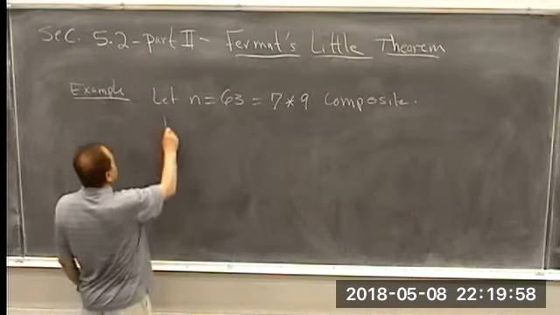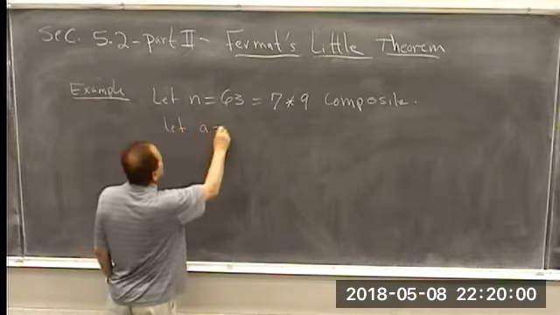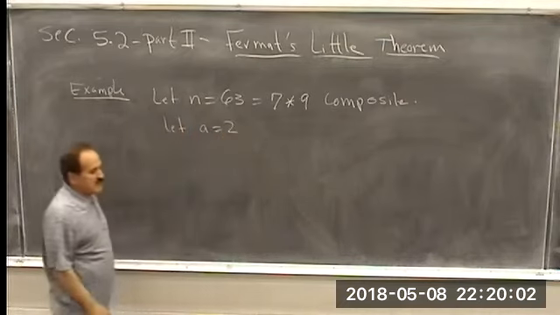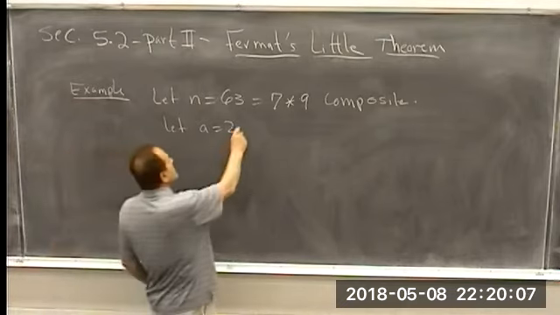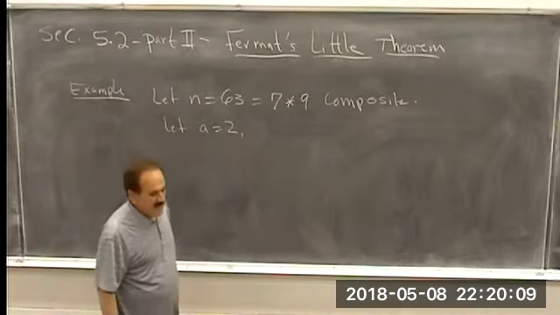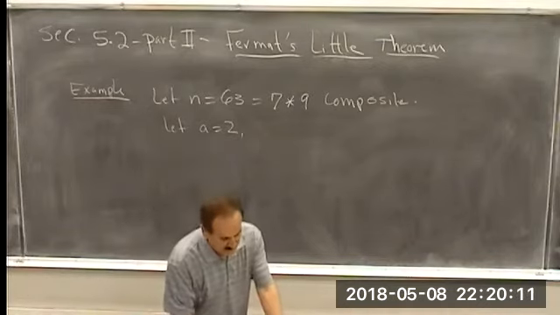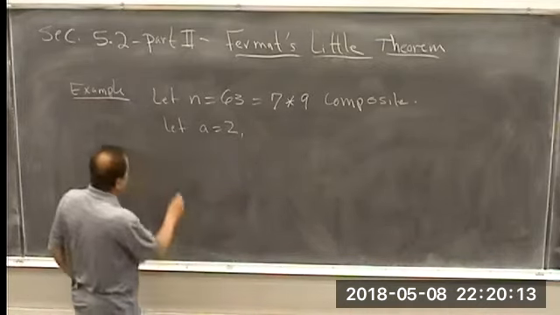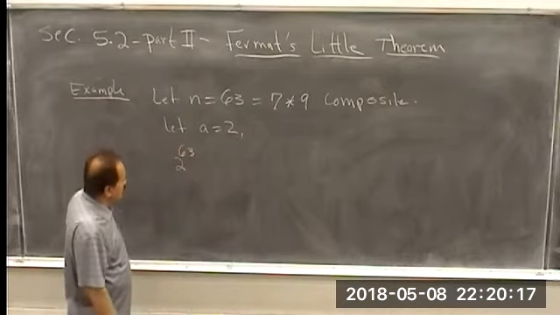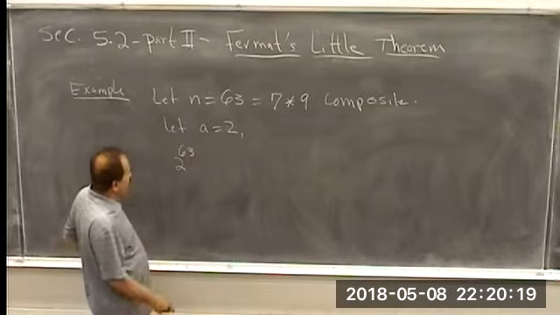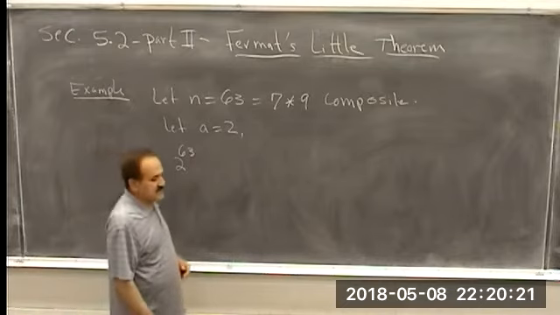So I'm going to let a equal 2. Actually, I will start with 2. If it doesn't work, then I'm going to go to 3. But we're going to see that 2 does work. And we're going to do this calculation like this: 2 to the 63. I want to show that this is congruent to 2 mod 63.